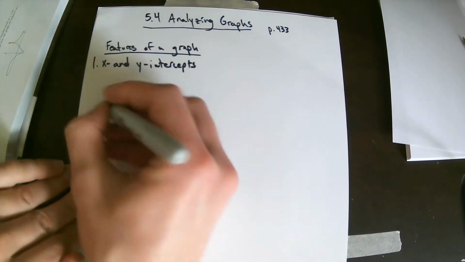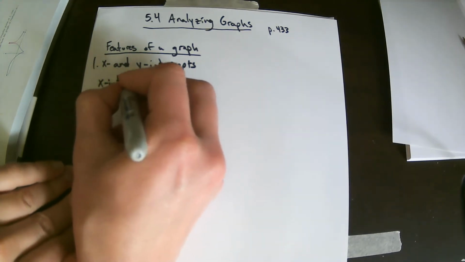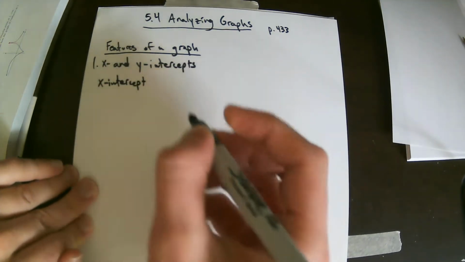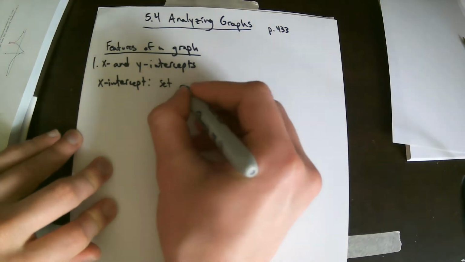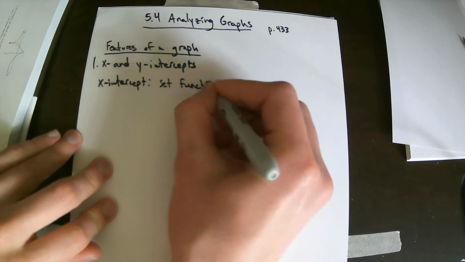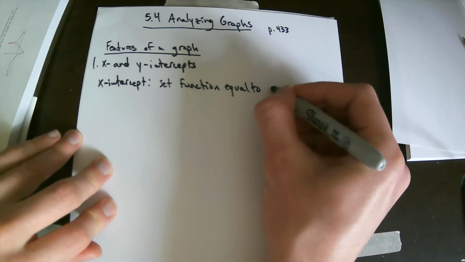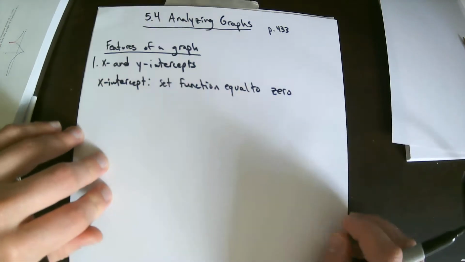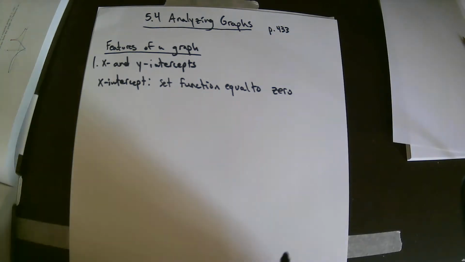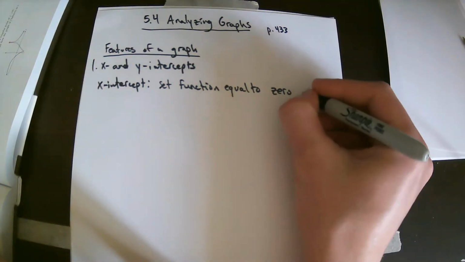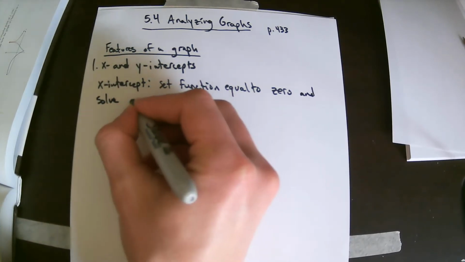Remember, to get an x-intercept, this is the more complicated one to find usually. You set the function equal to 0 and solve for x. So to find an x-intercept, set the function equal to 0 and solve for x.